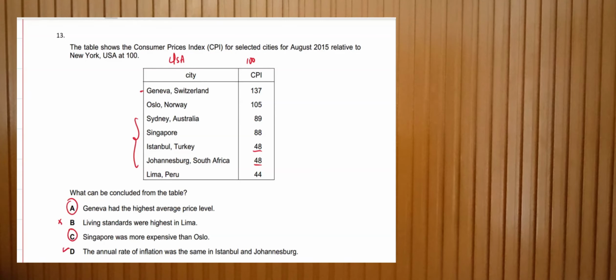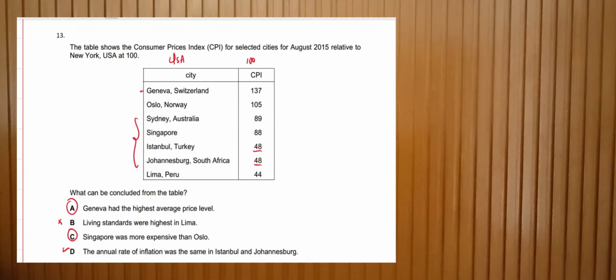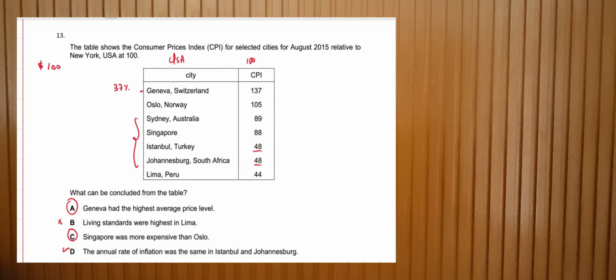Now, why A and C are incorrect? I'll give you an example. What this basically means is that Geneva has an inflation of 37%. The product, which was $100, now is $137.